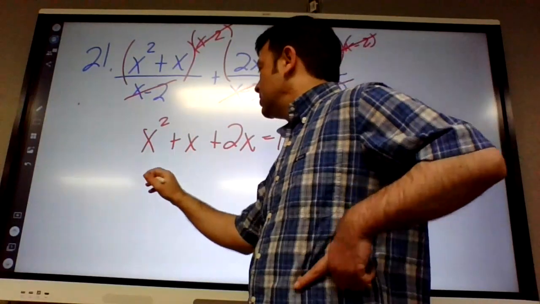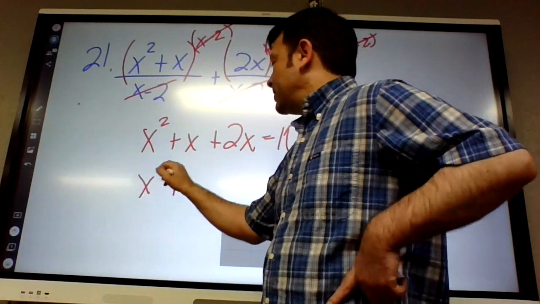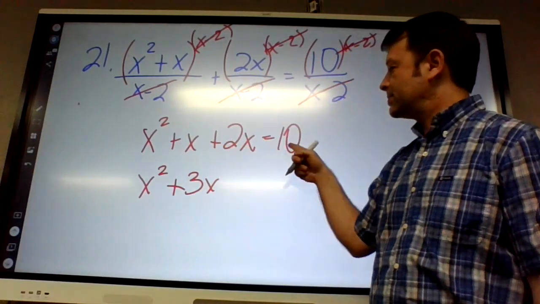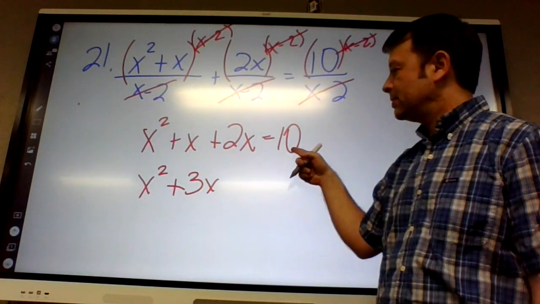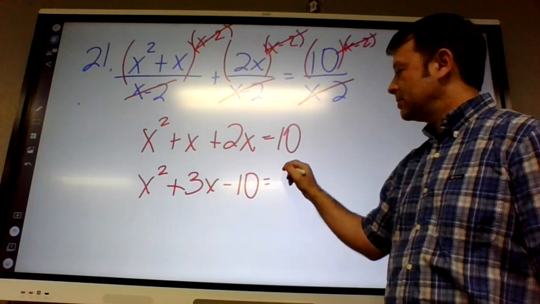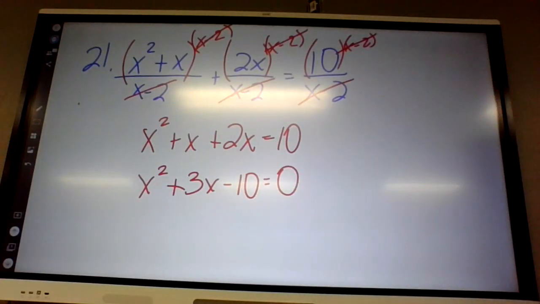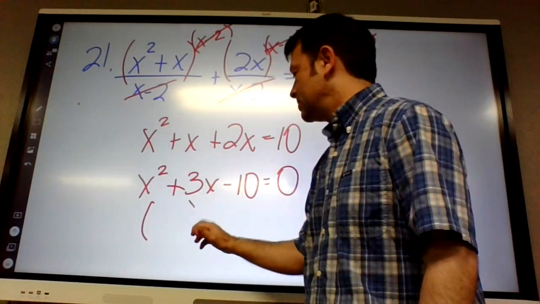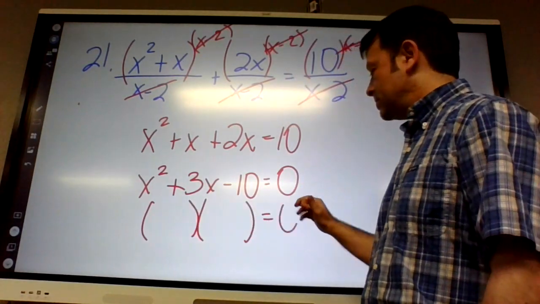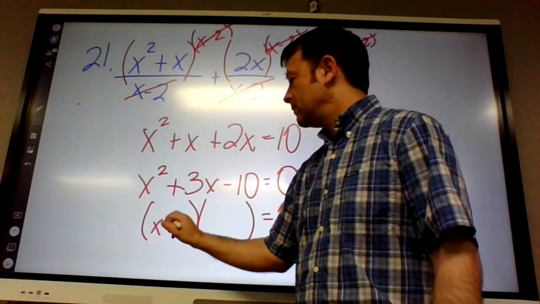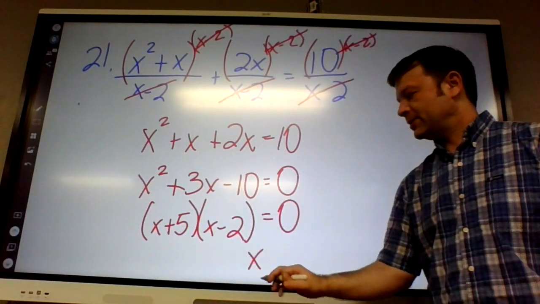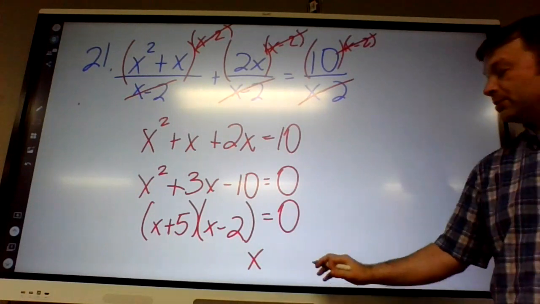So x squared plus 3x, what about this 10? Minus 10. So what multiplies into negative 10 that adds up to 3? 5 and minus 2. What x values make those factors equal 0?